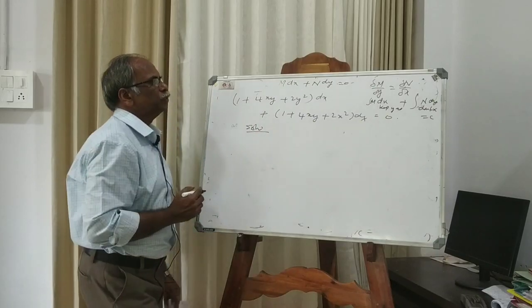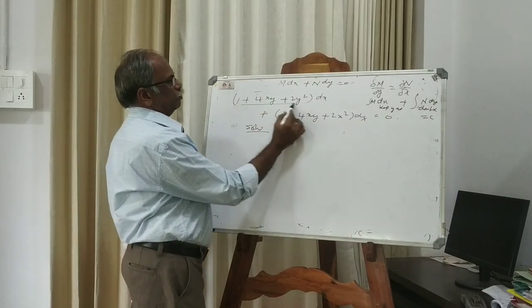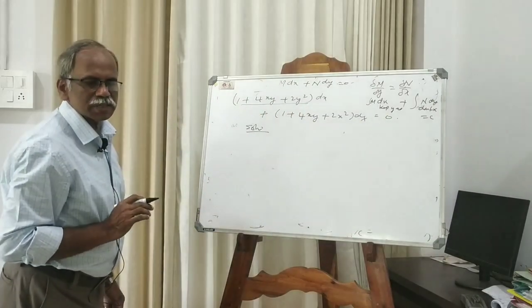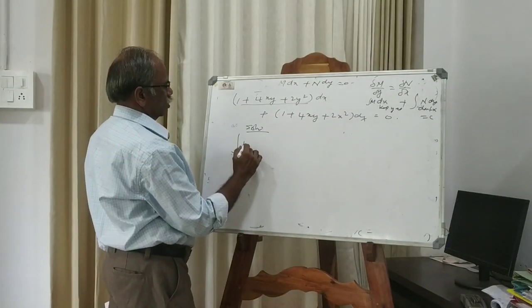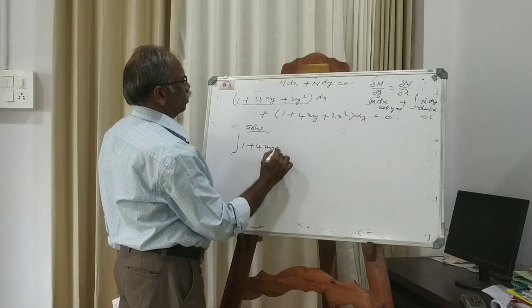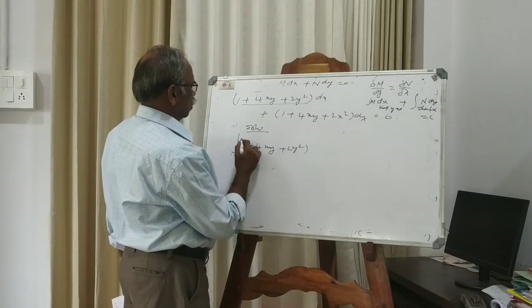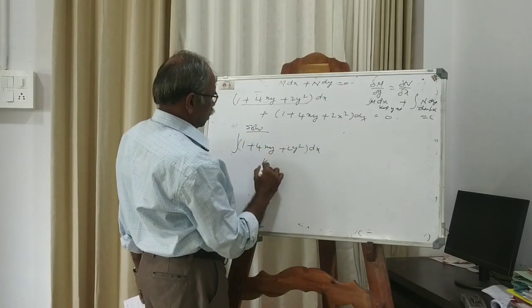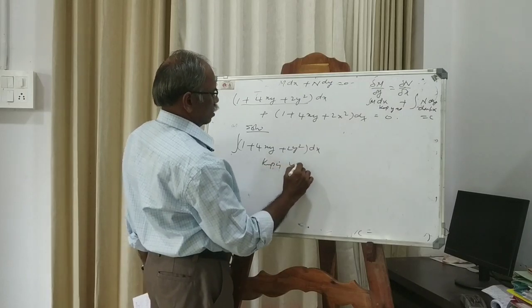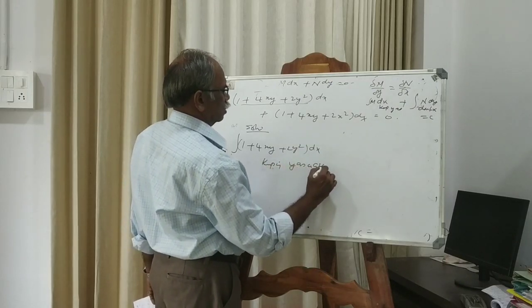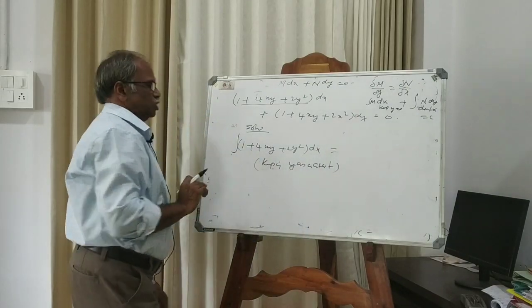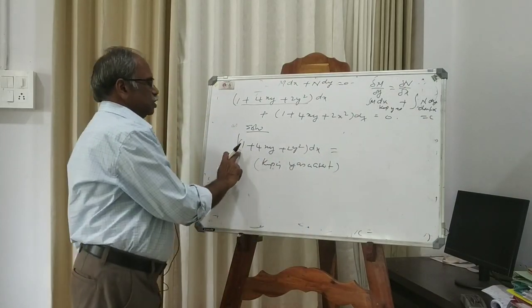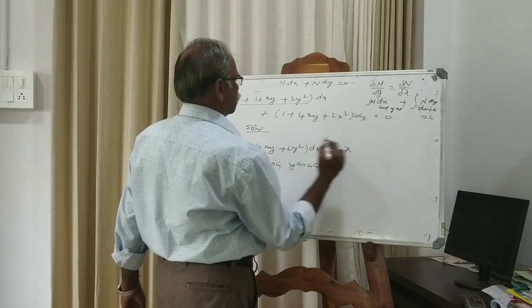The solution: first of all, we integrate M with respect to x, keeping y as a constant. So, integrate this M, 1 + 4xy + 2y², with respect to x, keeping y as a constant. What is the integral of this when y is a constant? 1 is a constant, we integrate that with x.